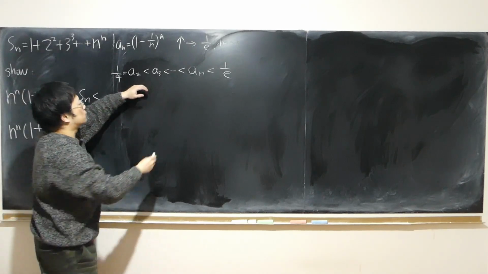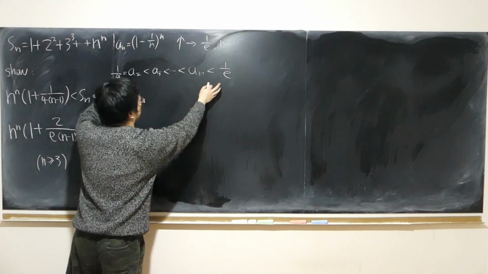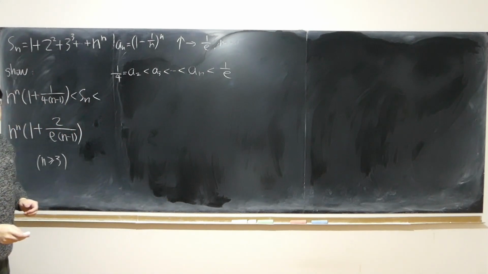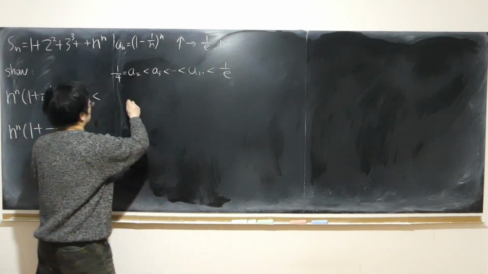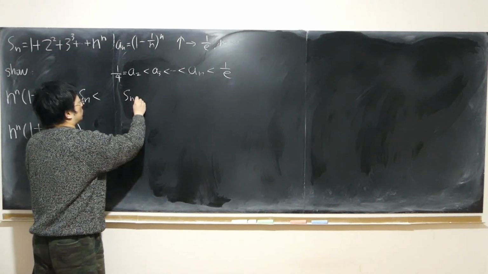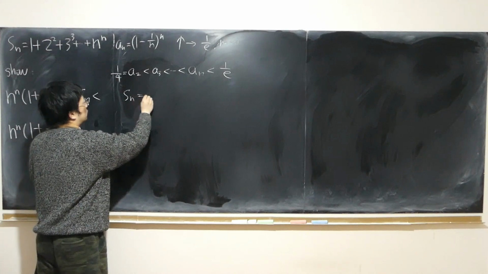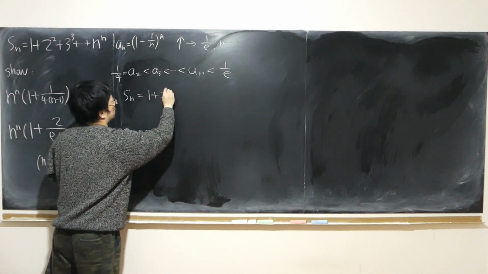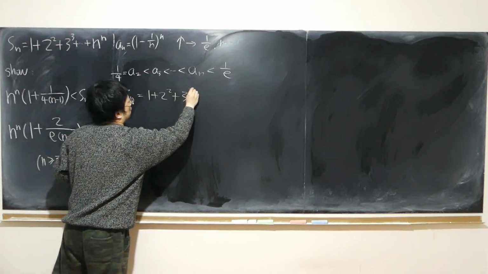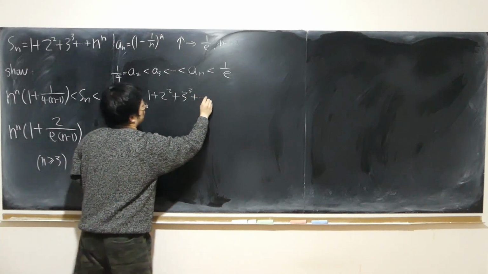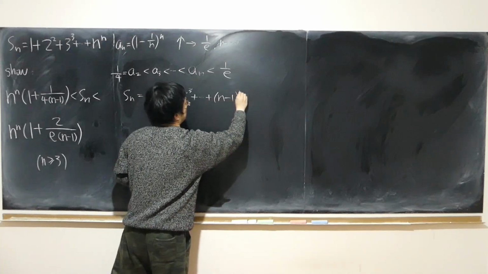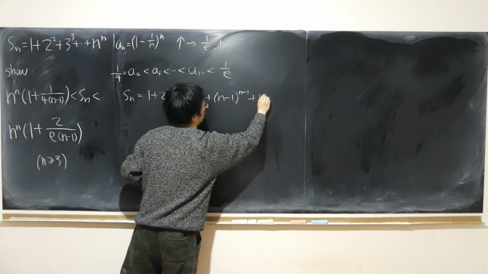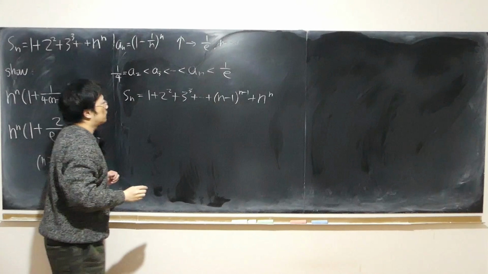I'm going to use these bounds, lower bound and upper bound, then I'm going to make a rough estimation of Sn. Let me just write down the first term and last term.